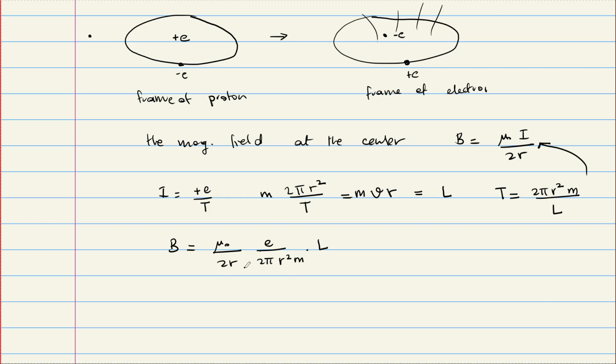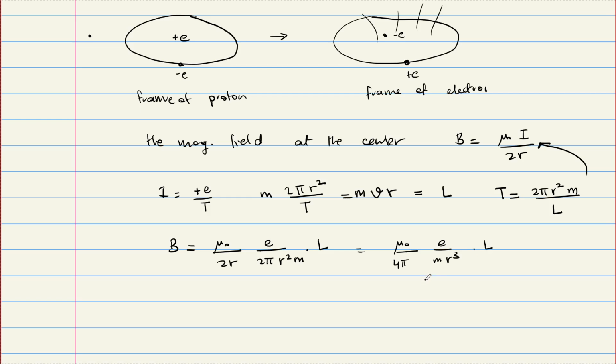If you clean up everything, this is going to be mu 0 over 4 pi times E over m r cubed times L.